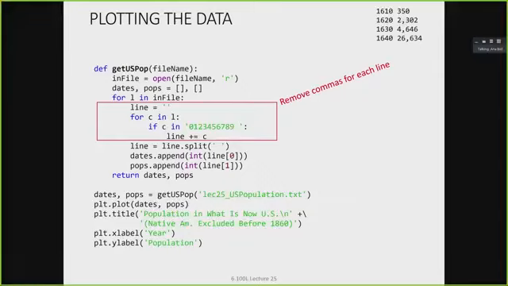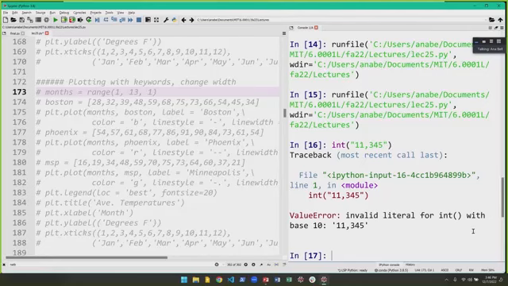And if I just try to cast that as an integer, straight without doing any sort of processing on it, Python's very unhappy. So what we need to do is remove that comma, because as long as I don't have a comma there, Python can convert that string number into a regular integer number for us to then plot.